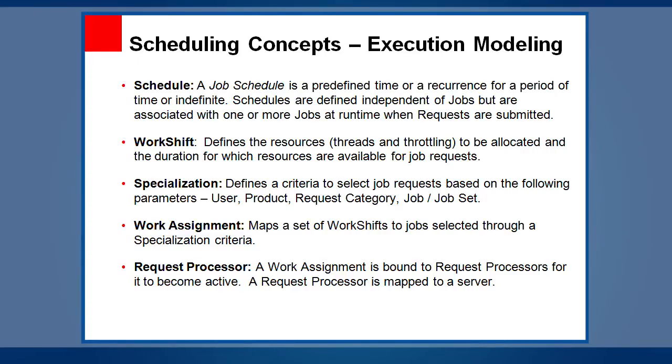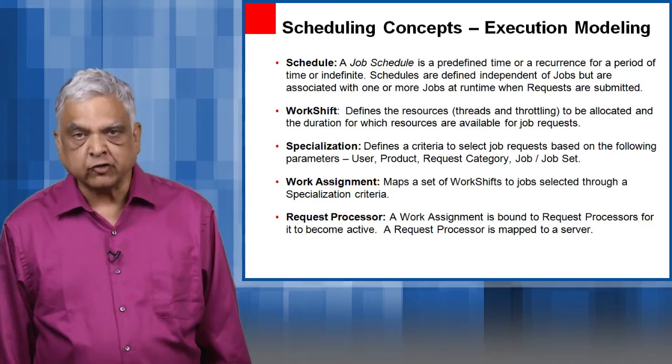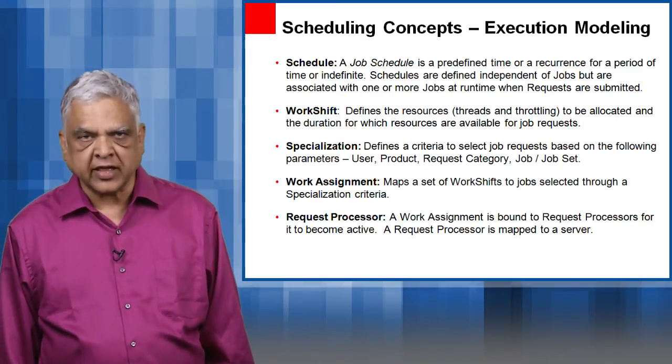A schedule is a piece of metadata that indicates a time when you want the job to execute or a recurrence. And work shift, specialization, work assignment, and request processor are used for controlling the resources available when the job executes. So there is a scheduled job.